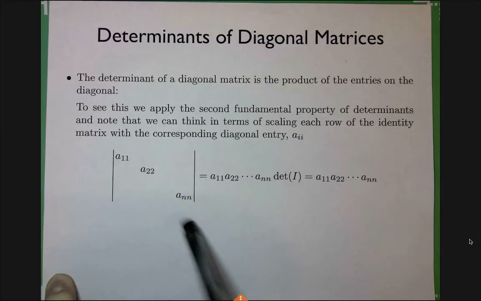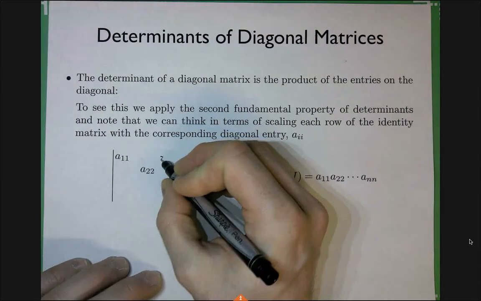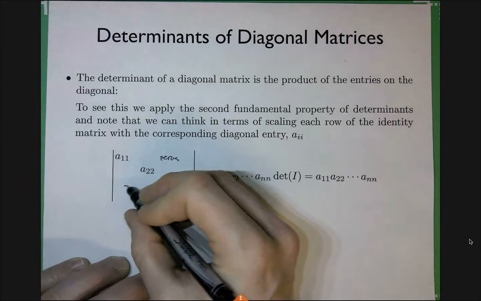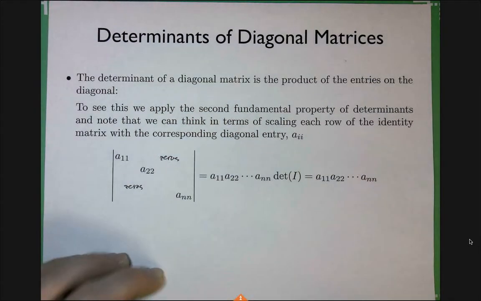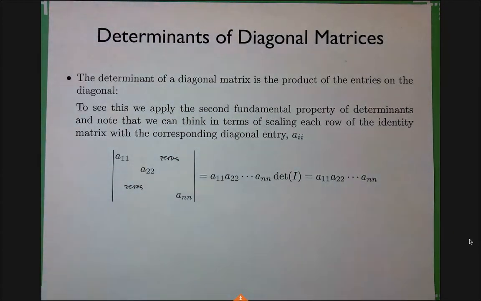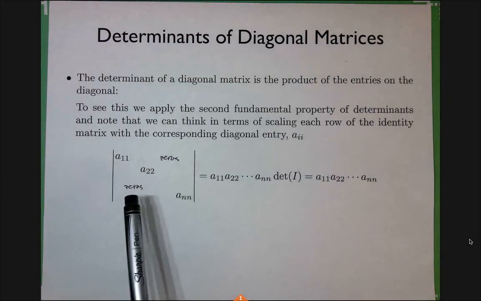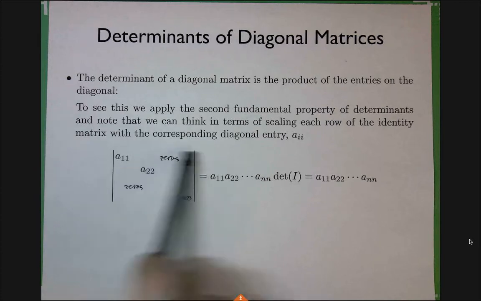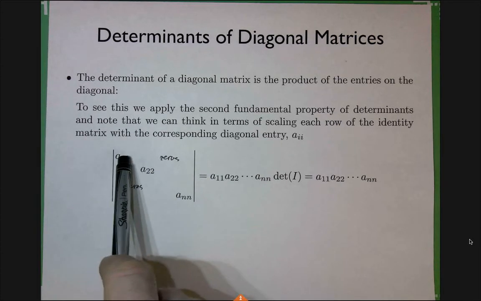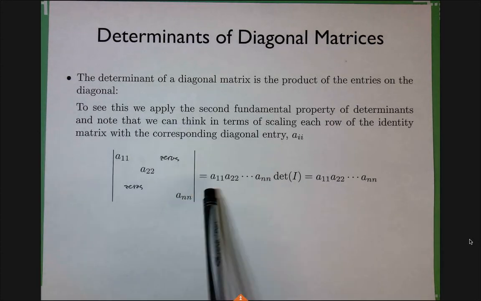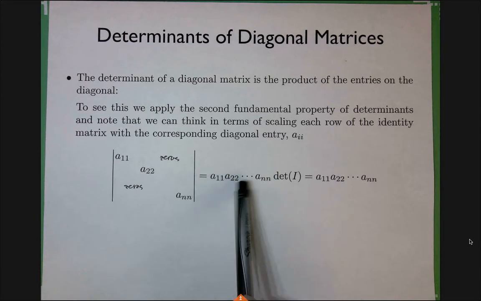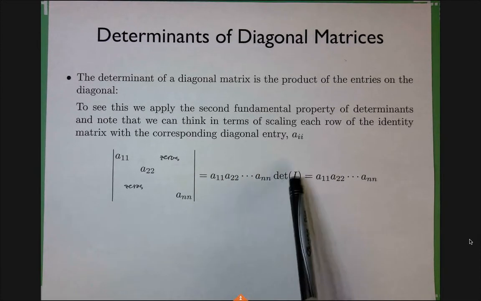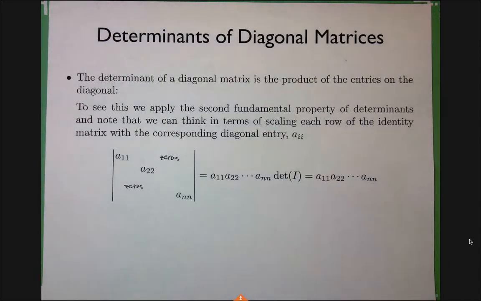So if I have a matrix like this, and everywhere else are zeros, this void means zeros, really, but let me write that they are zeros. This follows directly from the linearity of the determinant, because each of these rows I can write as a scalar times 1. So I convert it to a multiplication of all these scalars times the determinant of identity, which is 1. So it's just their product. If there are some negative ones, that's fine. It still works.